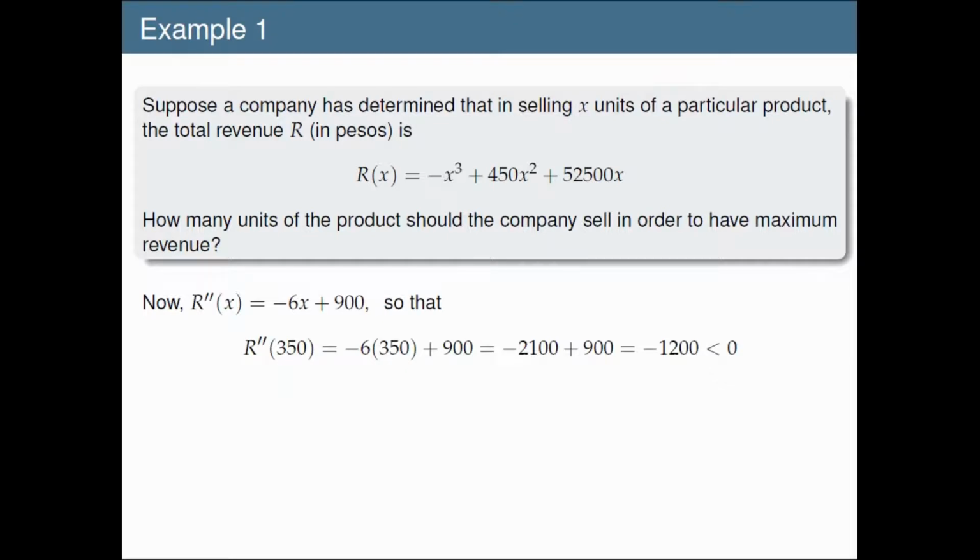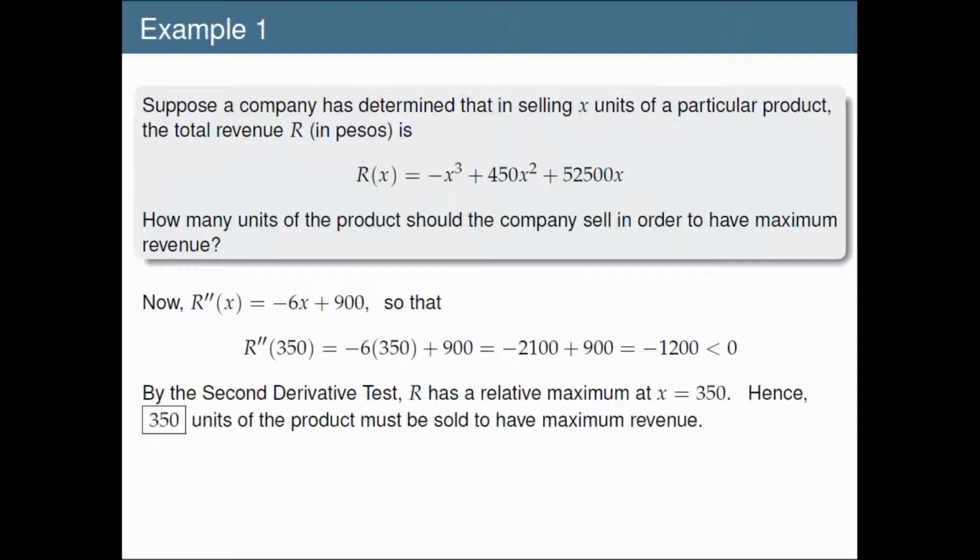Since R prime is 0 and R double prime is negative, then by the second derivative test, R has a relative maximum at X equals 350. So when X equals 350, maximum ngayon yung revenue.